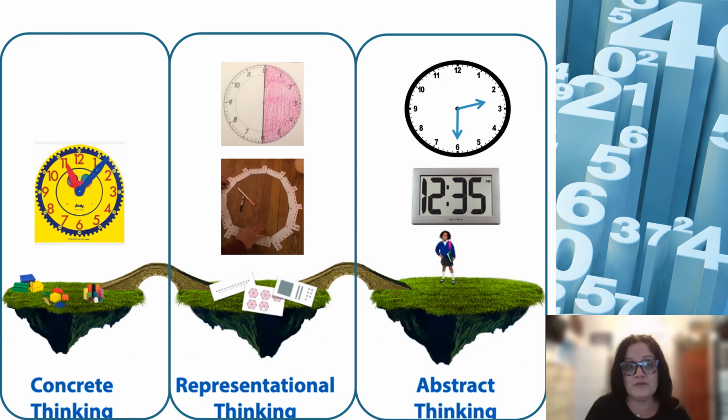We then want to move to more of the representational, such as using that number line to show the cyclical nature of time and telling time on a clock simply as a number line, as well as the visuals for half past, half till, quarter after, quarter till, and then ultimately telling time on an analog and digital clock. Our students really struggle with analog clocks. Digital is a little bit easier for our students, but we want to spend that time building understanding of time if they're faced with telling time on an analog clock.